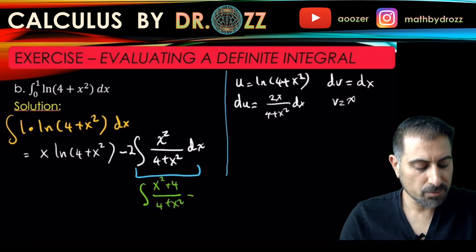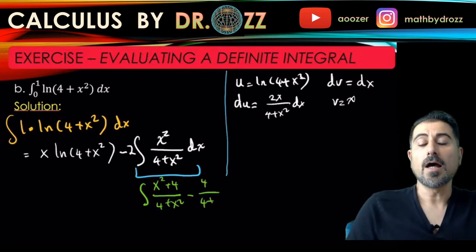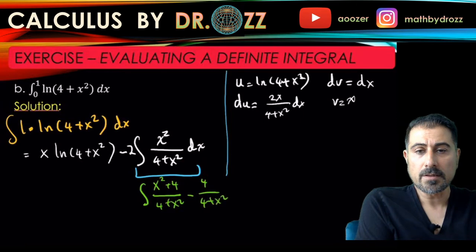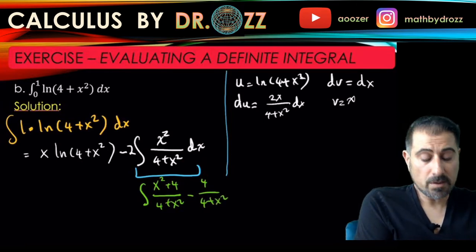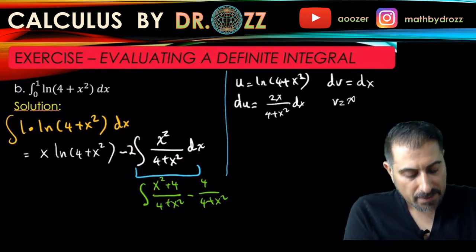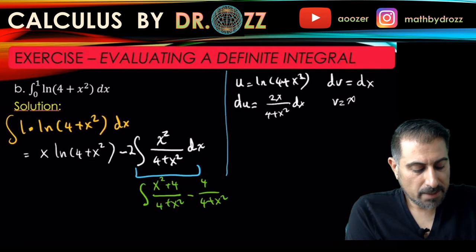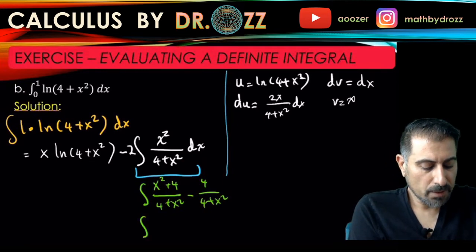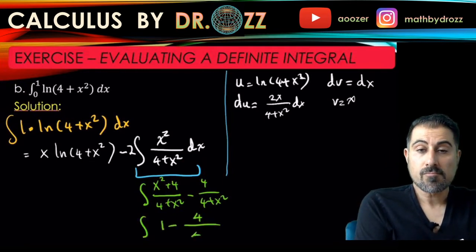This is one of the known tricks that we mentioned in an earlier section, in 8.1, basic integration rules and manipulation using algebra and trig. This way, I can write this as 1 minus 4 over 4 plus x squared, and I split this into two different integrals.